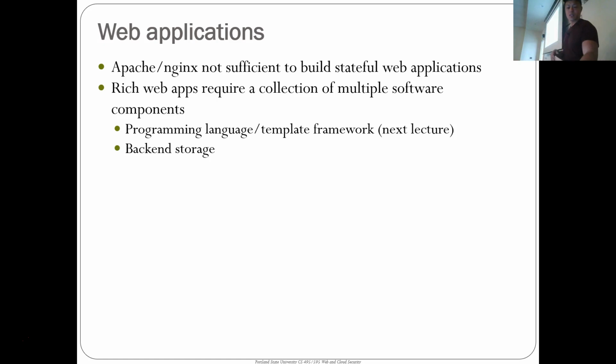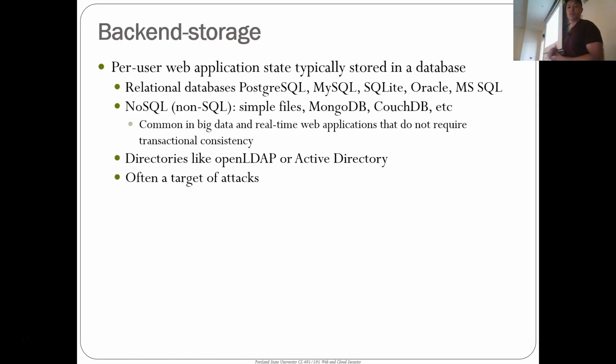We'll get to the programming language stuff in the next lecture, but the back-end database stuff, I'm going to just cover briefly here, and we'll get some exposure to it when we talk about injection attacks. Typically, the back-end database is the family jewels of any site. You'll see relational databases on the back end storing the information for the web app, like Postgres, MySQL, SQLite, Oracle, Microsoft SQL.